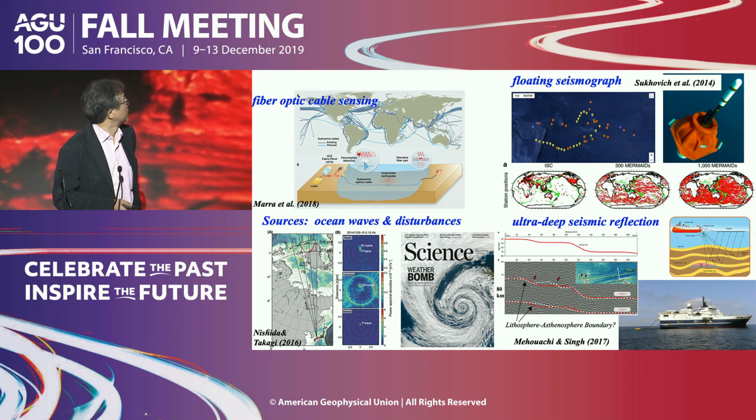Also, fiber optic cable sensing is very promising because it can convert submarine telephone cables into seismometers. So this would be a new way of doing observation in the ocean.